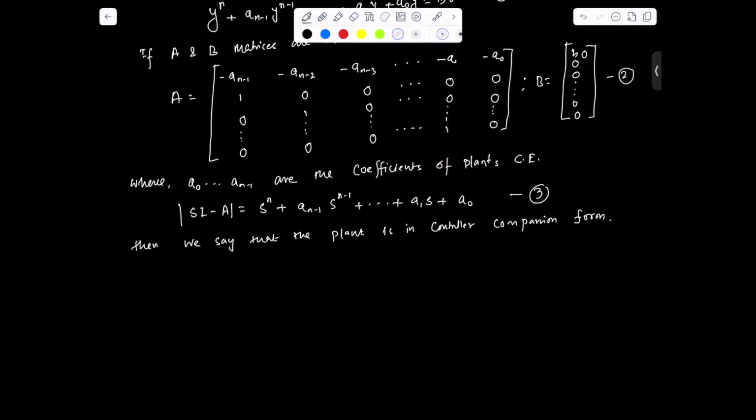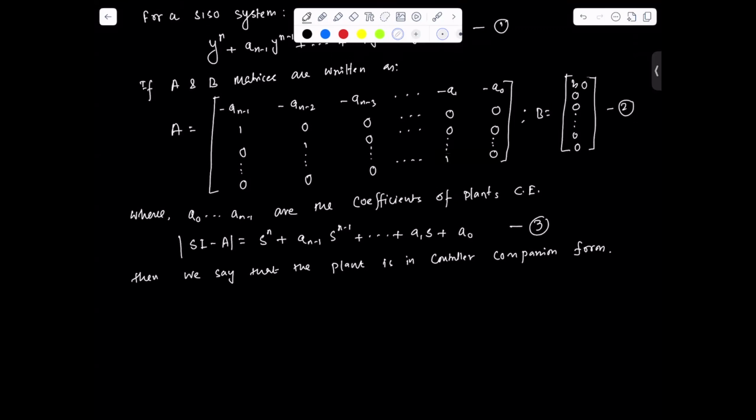If you can find the system matrices in this structure, it will be helpful for us in designing the control.